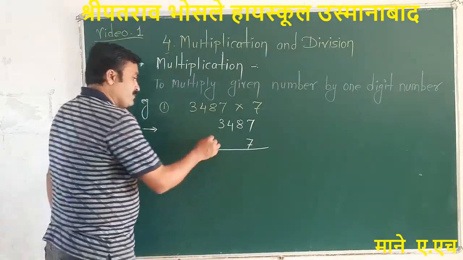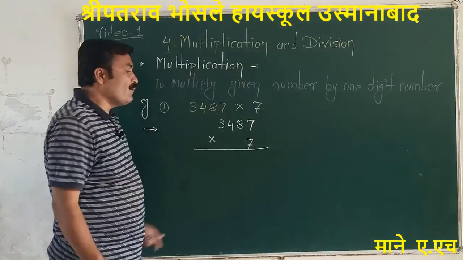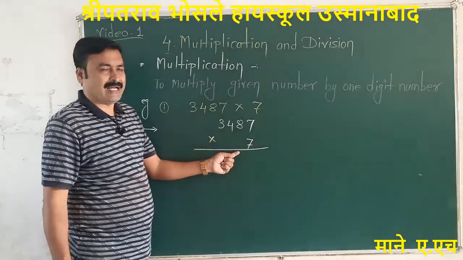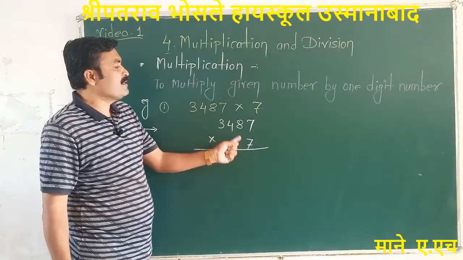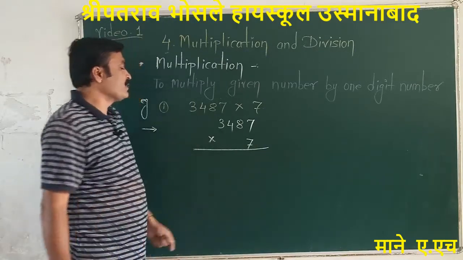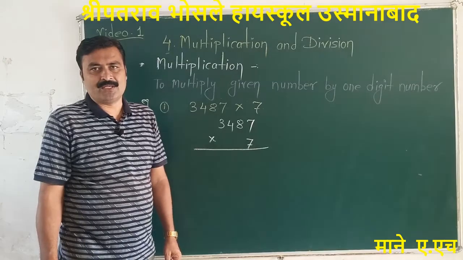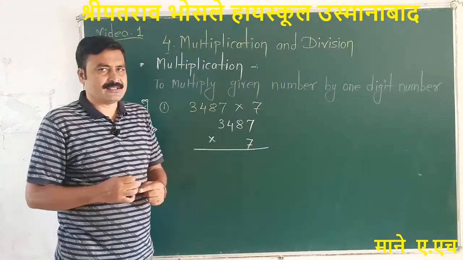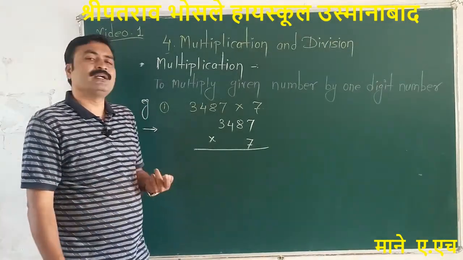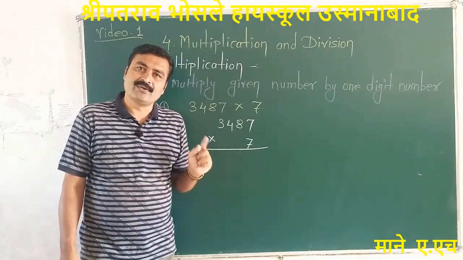So, after taking these two numbers in vertical arrangement, that means we write both numbers one below the other in the proper way, now we have to start the process of multiplication. Like addition and subtraction, the process of multiplication also starts from the ones place, the unit place.